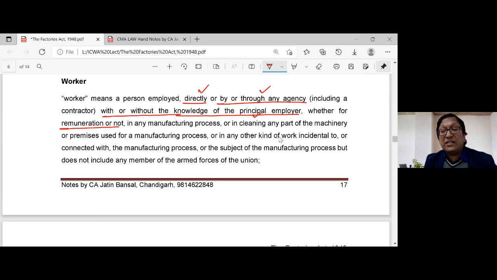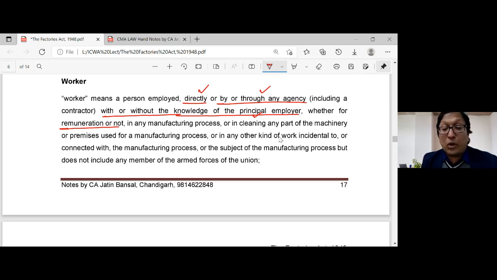The occupier, the owner of the factory, is not going to be spared from this liability just because no remuneration is being paid. The worker was working for free, but that person is a worker.